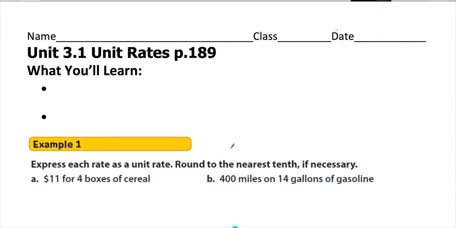And let's go ahead and write what you'll learn for today. So today we're going to find unit rates.